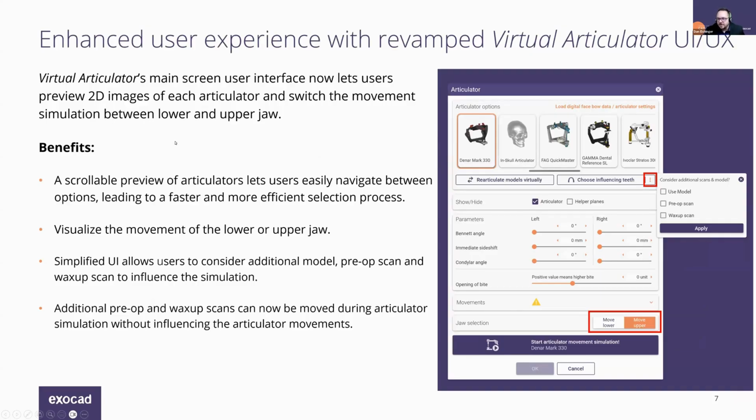Speaking of the virtual articulator, we've had some great updates with that. You can see in the image here, we've added thumbnail images to quickly choose the articulator you utilize in the laboratory. Now, when you're simulating jaw movements, feedback we've gotten from laboratories and clinicians is that with semi-adjustable articulators, typically you're moving that upper arch, and that's not how our jaws function.